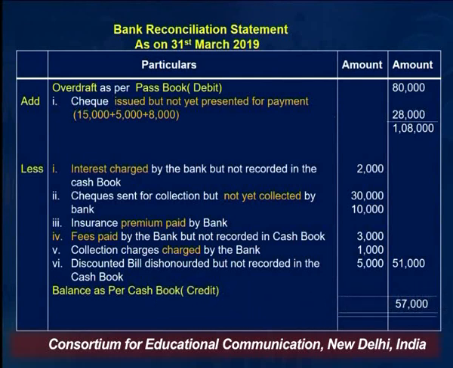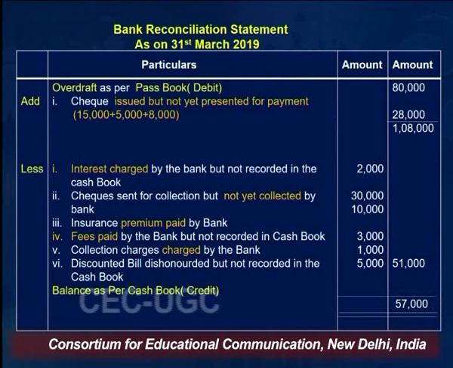If we have recorded that transaction in the cash book, we have added that transaction in the cash book, add that. If we have deducted that transaction in the cash book, deduct that, in a very simple manner. So the first item which is given here is cheque issued but not yet presented for payment. We have issued some cheque, and we have recorded this cheque on the payment side.